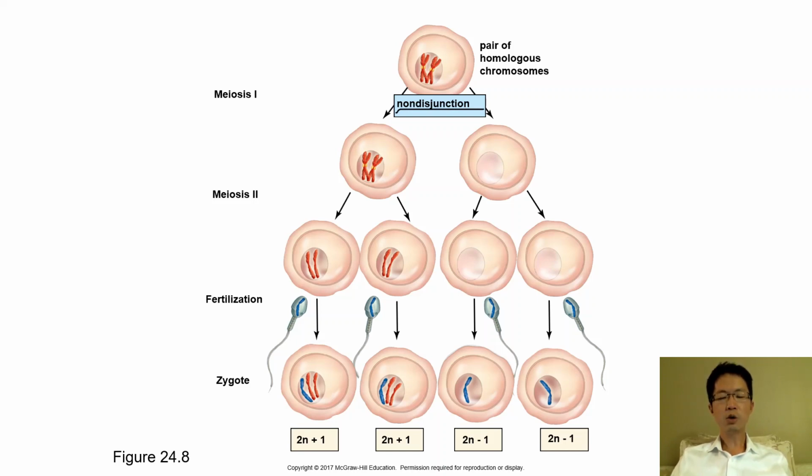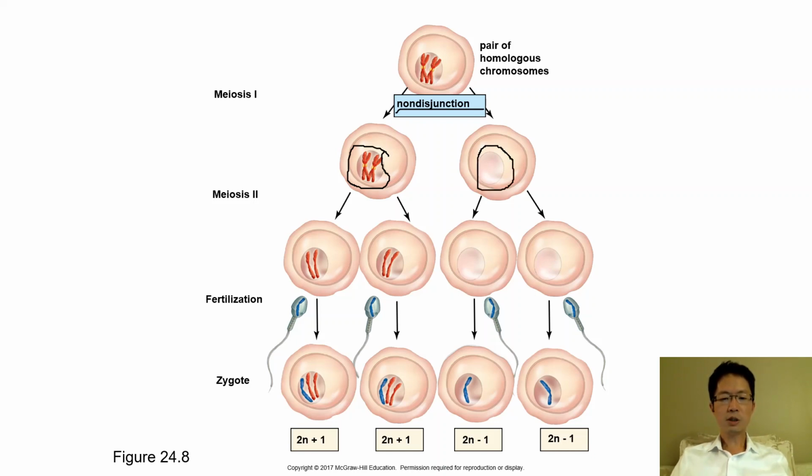They go into one cell. So one cell will have the homologous pair of the chromosome, specifically the sex chromosome. The other cell will have no sex chromosome.